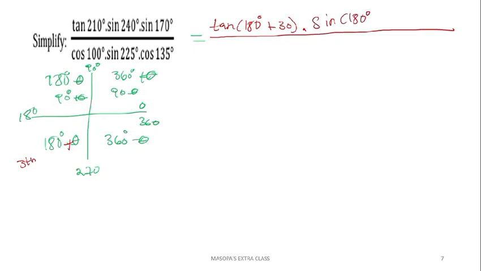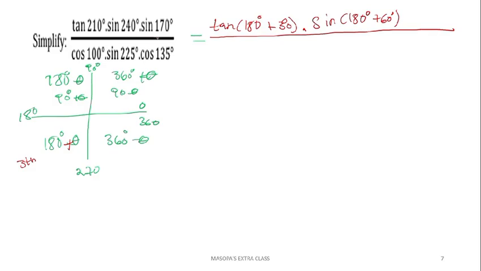Now we have 240, so 240 minus 180, I believe you're getting 60. And then you will say 180 plus 60 degrees. Let's go back: if we say 180 plus 30, it will give you 210, and if we say 180 plus 60, it will give you 240.